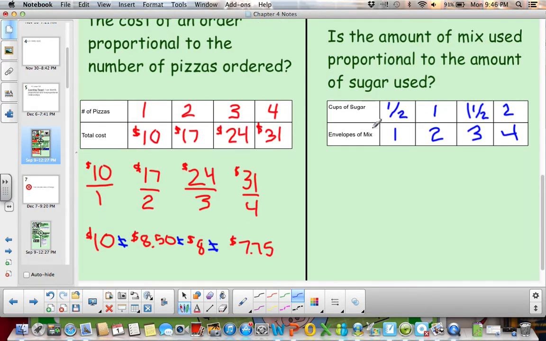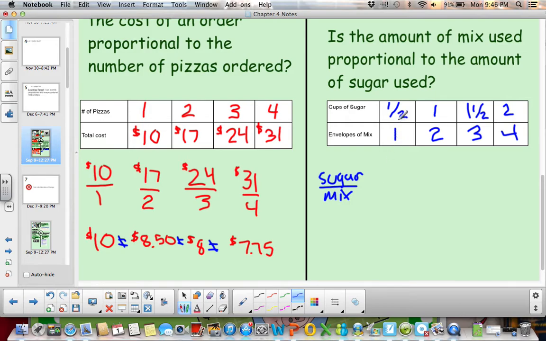If we write it sugar over mix for our ratio, or if you did mix over sugar, you're still going to be able to tell if it's proportional or non-proportional.